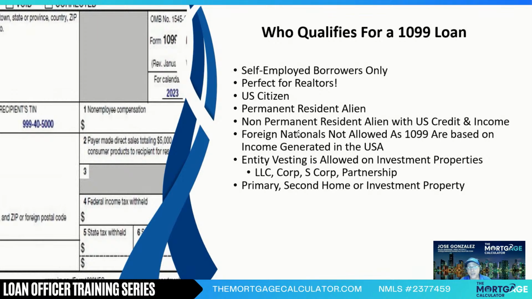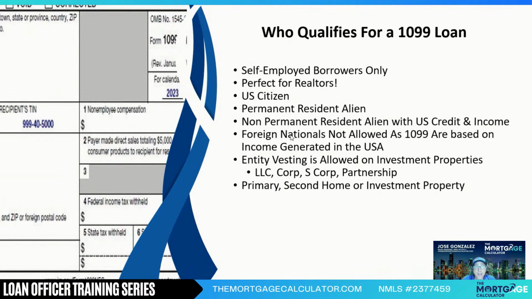And foreign national, by definition, is a citizen of another country who's deriving their income from another country, not from the U.S. Unless they have legal work authorization in the U.S., the foreign national would not be able to qualify under 1099. And if that foreign national did have work authorization in the U.S., guess what? They would be a non permanent resident alien. And then they would also need U.S. based credit as well as the U.S. based income.